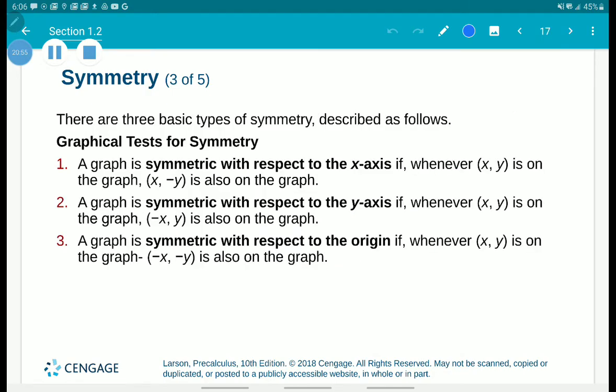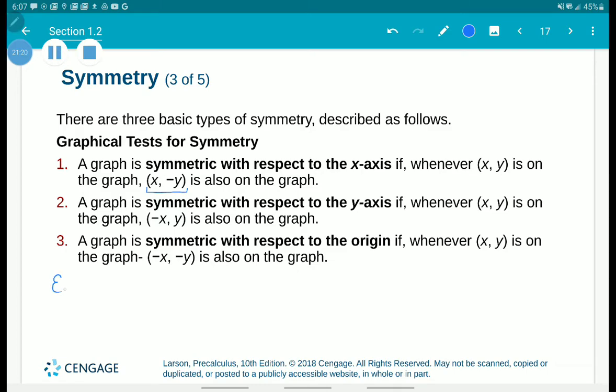And that actually gives us an algebraic type of test to be able to describe the symmetry. If we're symmetric with respect to the x-axis, then if we were to substitute in (x, -y), that point also has to be on the graph.